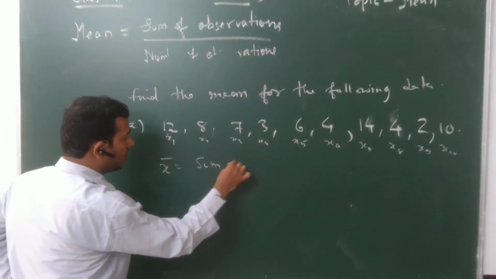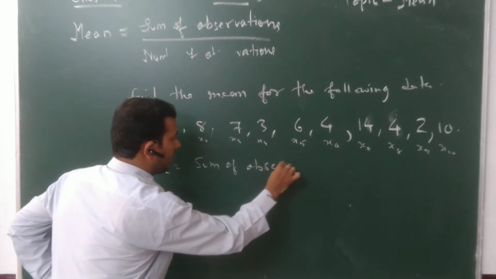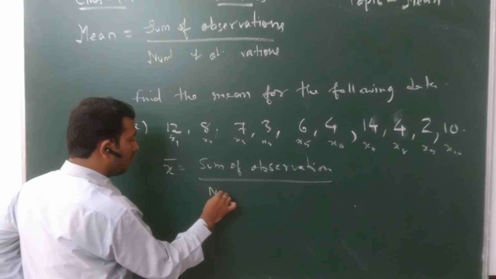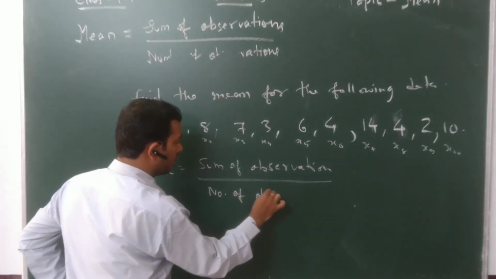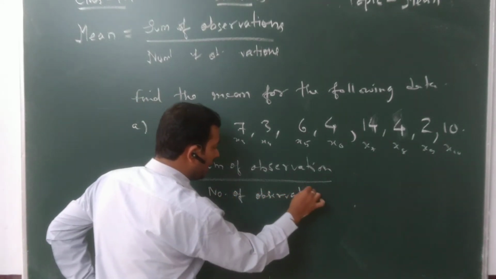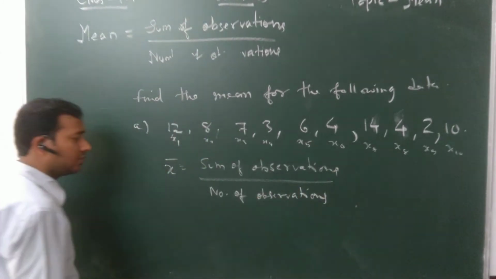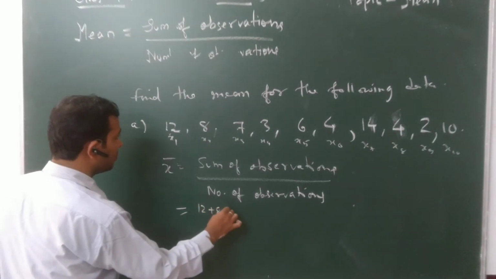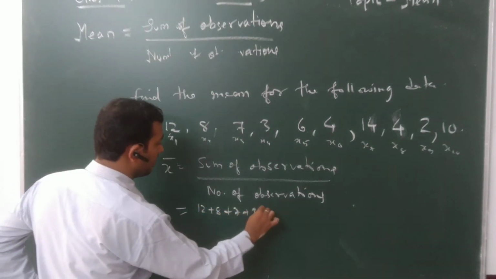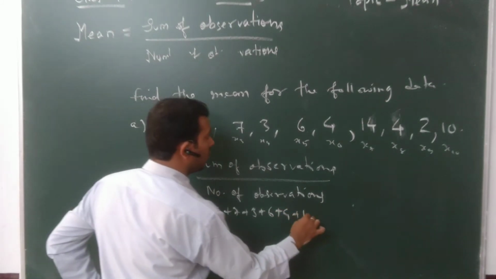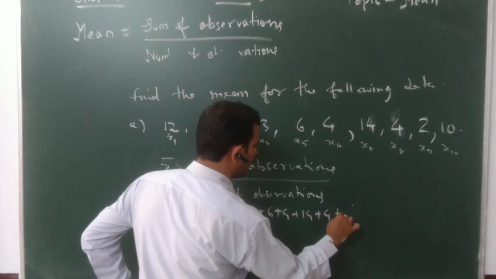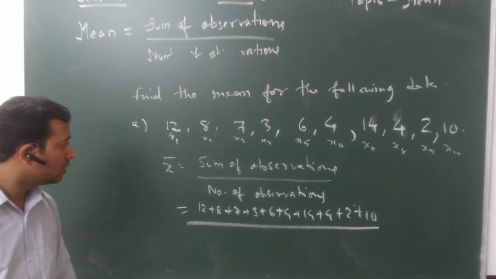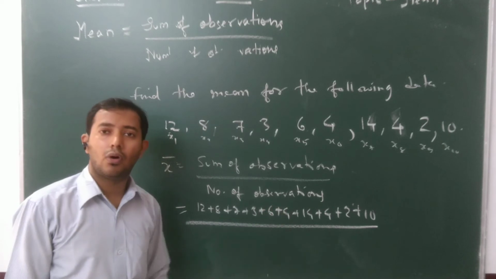Now, instead of writing this one, if you write it like this: sum of observations by number of observations. That means if you use this formula, you need to write the whole thing, that is 12, 8, 7, 3, 6, 4, 14, 4, plus 2, plus 10, by the number of observations.